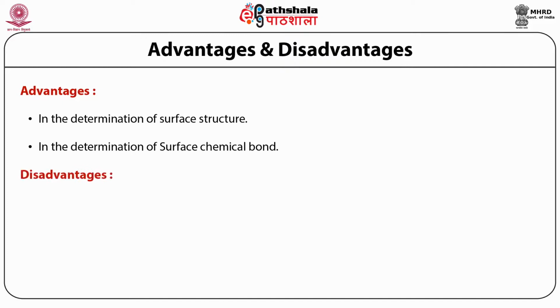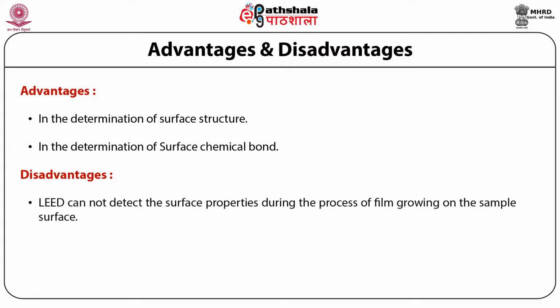The disadvantages are not very many, but the major disadvantage is that it cannot detect the surface properties during the process of film growing on the sample surface. That means when the film is being grown in dynamic conditions, it will be difficult for the surface properties to be measured with the help of the low energy electron diffraction technique. These are some of the disadvantages that this technique possesses.